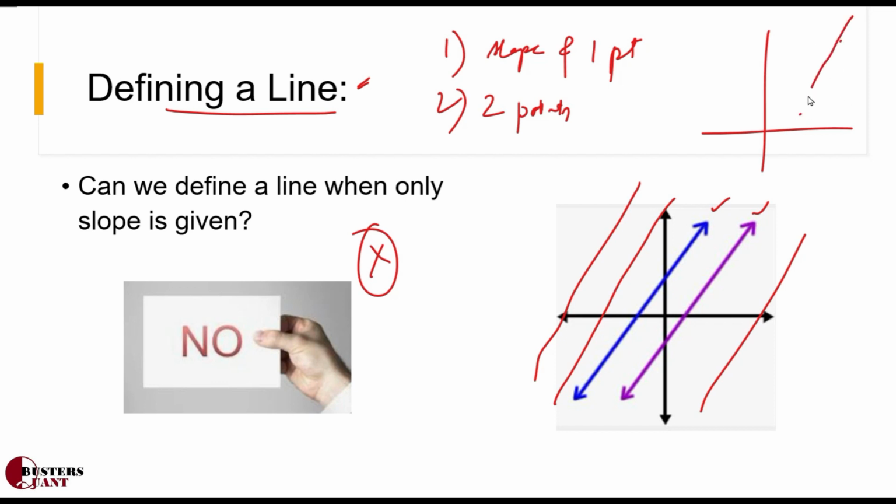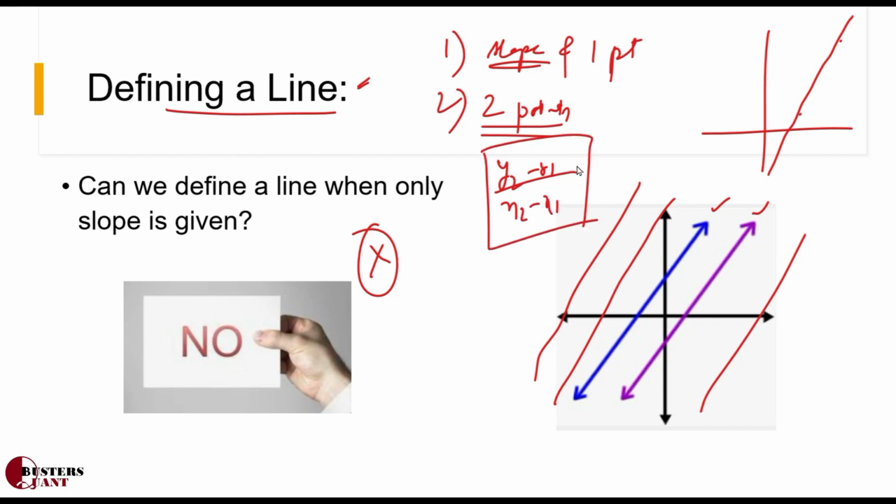This is a defined line, a unique line passing through 2 points. Algebraically also, if I have 2 points, I can calculate the slope using y2 minus y1 upon x2 minus x1. This will give me the slope. So if I have the 2 points, I can find the slope, and then this is the same as the slope and 1 point.